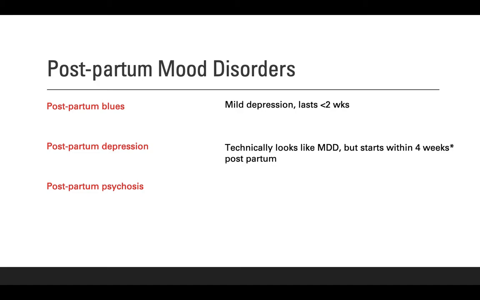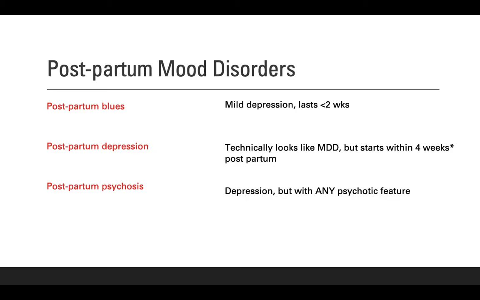But technically, according to the DSM-5, if you have a woman who says that her symptoms started at 6 weeks postpartum, that is major depressive disorder. According to the DSM-5, that technically cannot be postpartum depression. If it's within 4 weeks, now it can be. And this is a little more serious. You need to treat this. Okay, postpartum blues will go away on their own. Postpartum depression, you need to treat it.